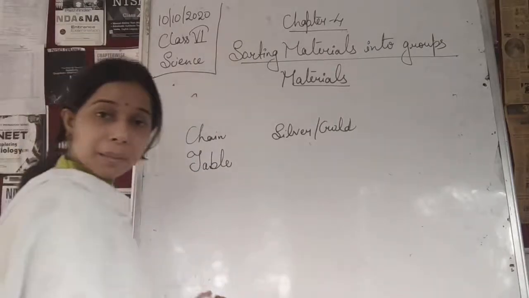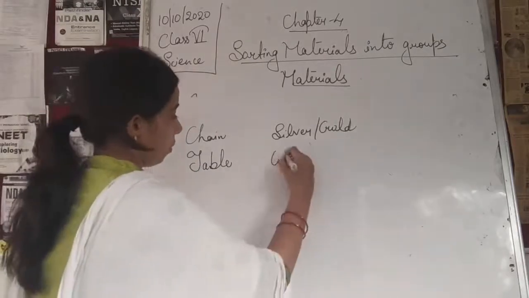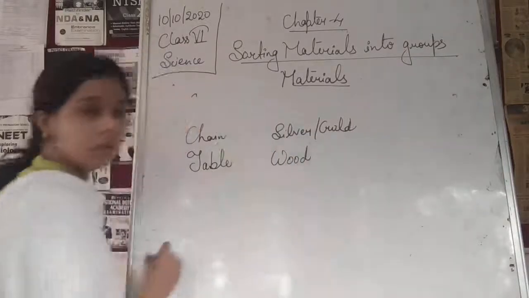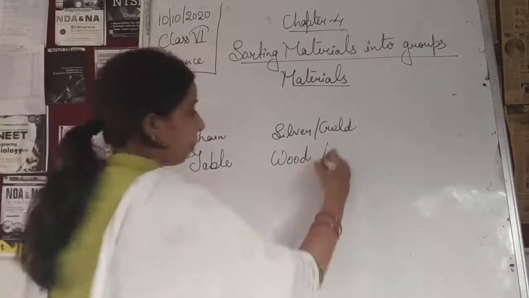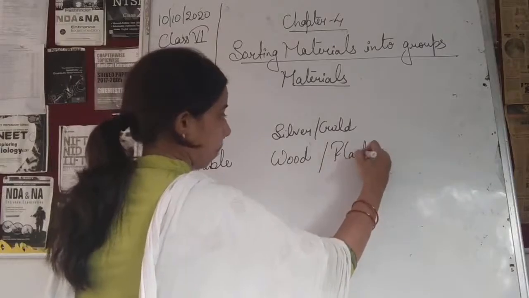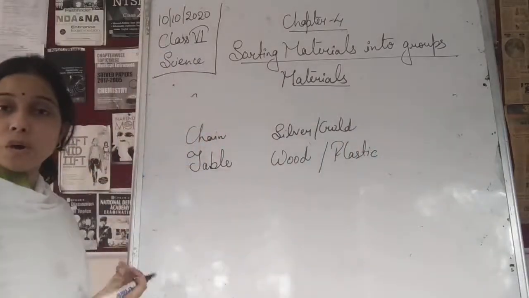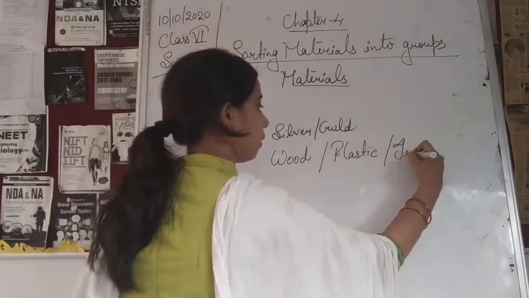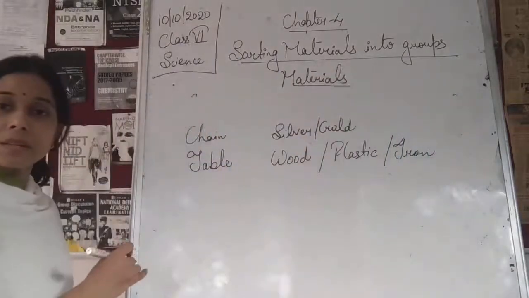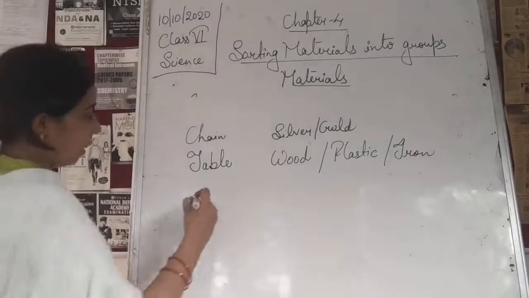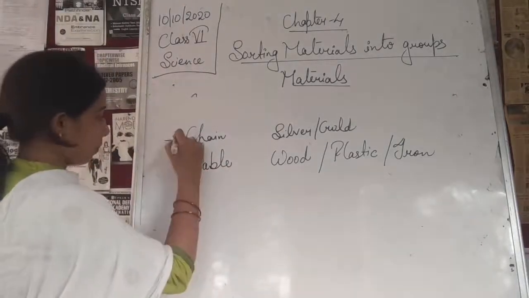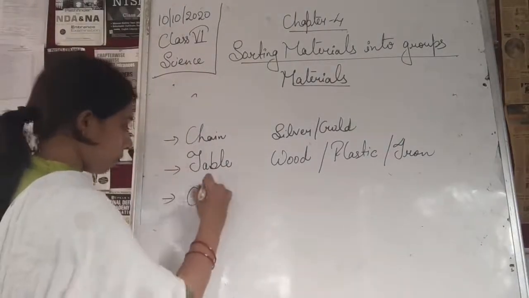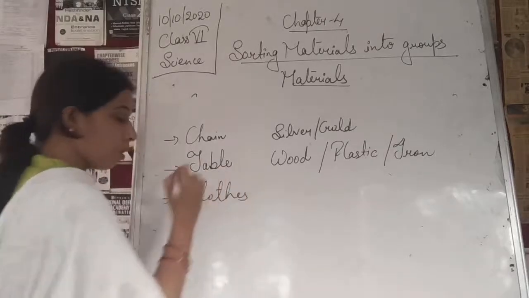So it can be made up of wood, or it can be made up of plastic, or it can be made up of iron. Right? If we talk about clothes, so cloth is what?